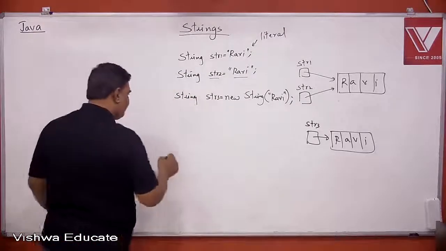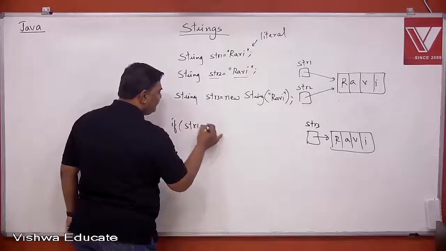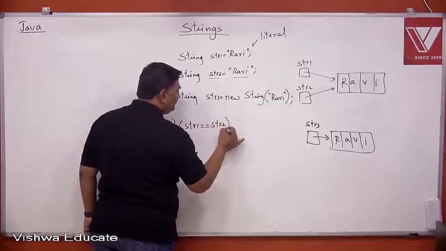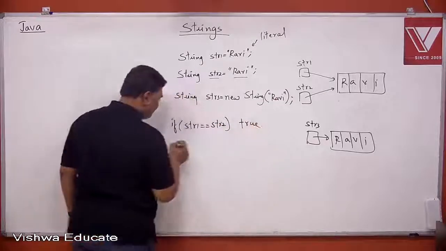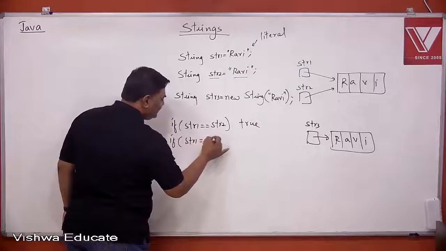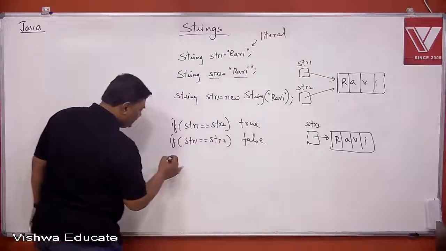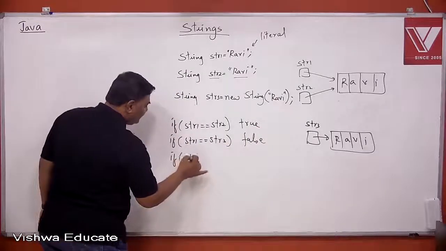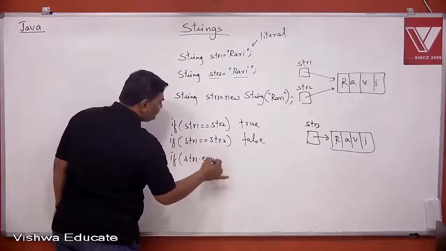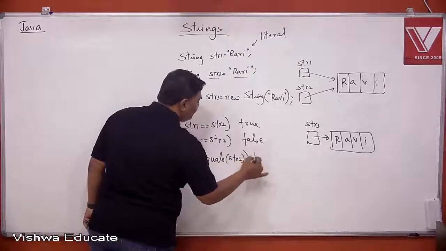See this. If str1 double equals str2, true. If str1 double equals str3, false. If str1 dot equals str2, true.